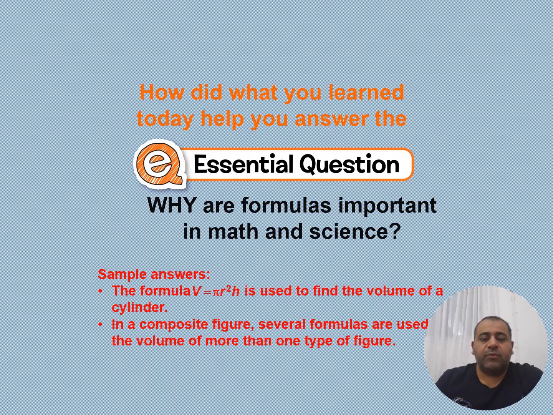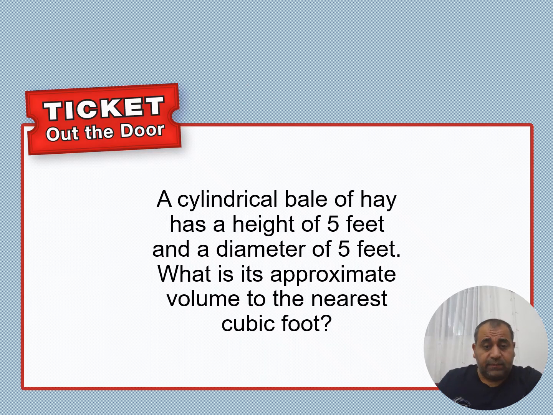Yes, the formula is very important. Without the formula, I can't solve. So I advise all the students to always revise the formulas for the volumes of the cylinder, the cone, and the sphere. When you take any solid or shape, you should know the cylinder in math or science.